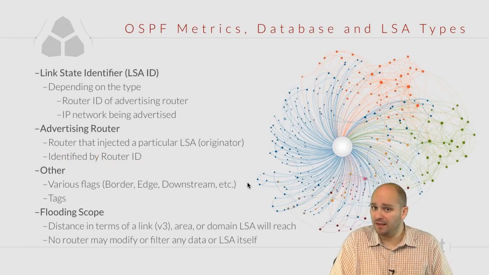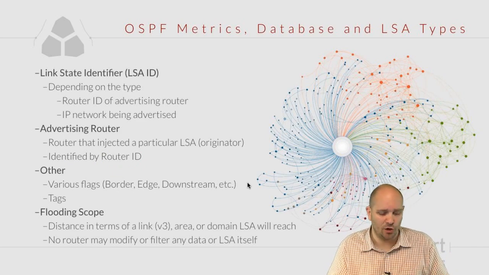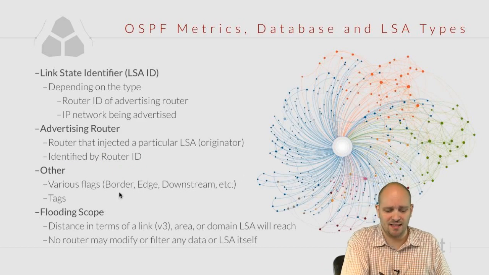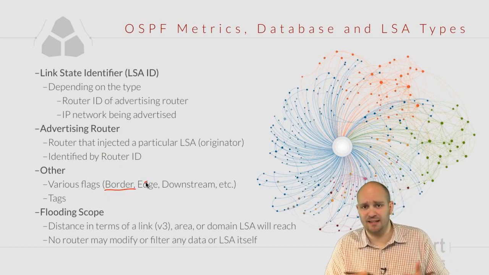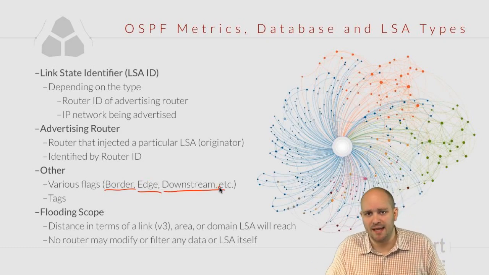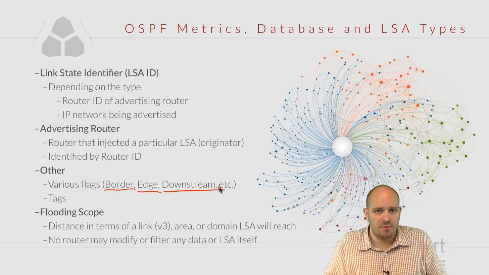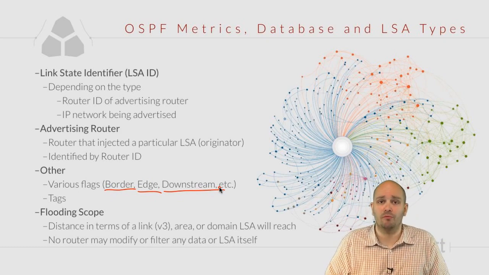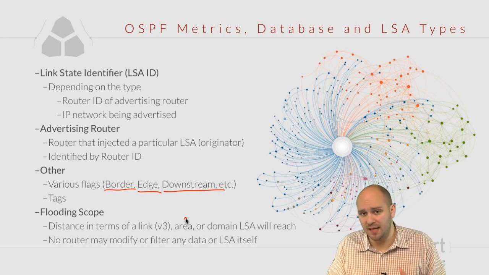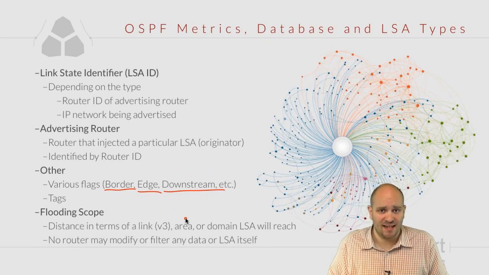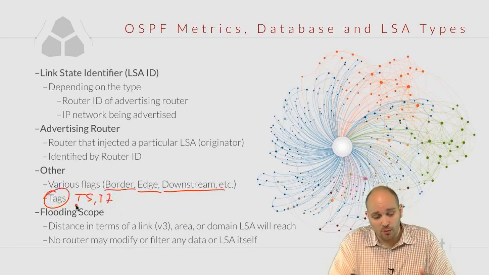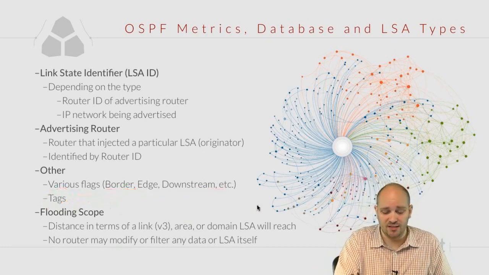Also, LSAs, depending on their type and the information they carry, may contain other important bits of information, like various flags, such as the flag indicating that the router is an ABR or an ASBR, or the loop prevention in, say, MPLS layer 3 VPNs, which is outside the scope of what I'm saying now, but I'm just using that as an example of information that could be additionally carried in the LSA. Also, in the case of type 5 and type 7 LSAs, we could have the route tags carried there as well.